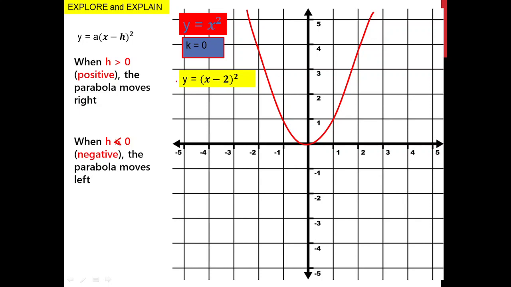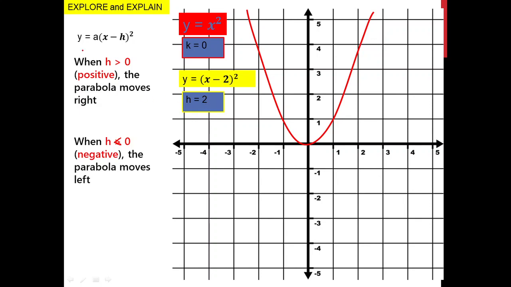But let's try to have this equation now. y is equal to x minus 2, squared. Now notice here that the value of our h is positive 2. Why positive 2? Because from this equation, this is already negative, right? So this is h. So h is positive 2, not negative 2, positive 2.